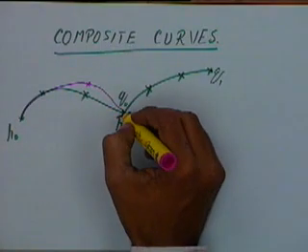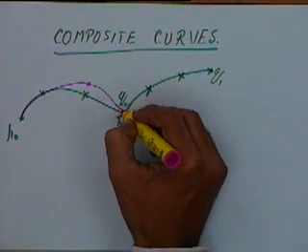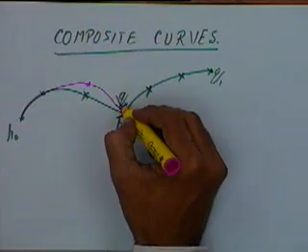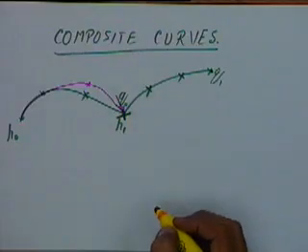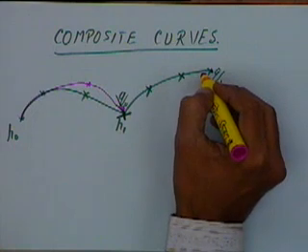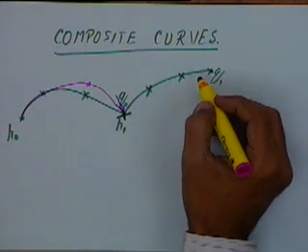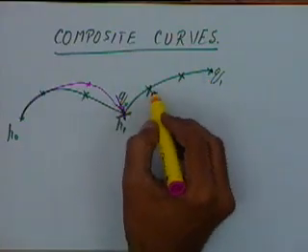But then at this point the slope of the curve is now possibly going to be different. So at this point continuity between this curve and this curve might get disturbed. So the first thing we see is what type of continuity we get at these curve segments.